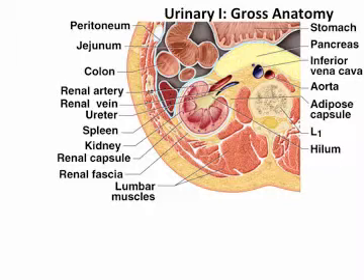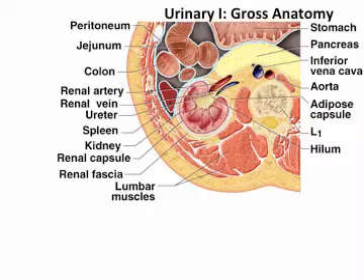So fascia is, again, a sort of tougher, mostly collagen connective tissue to enclose the kidney. So from most superficial, we have the renal fascia, and then a little bit of fat, and then the renal capsule, and then the kidney.